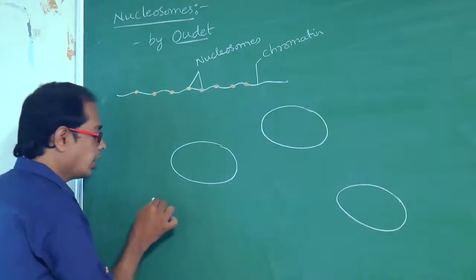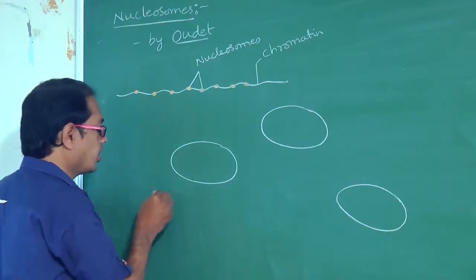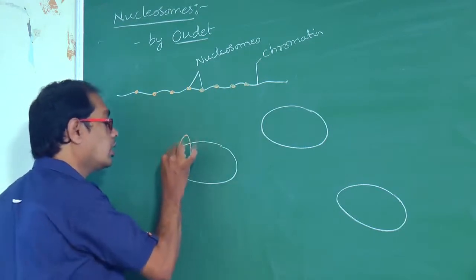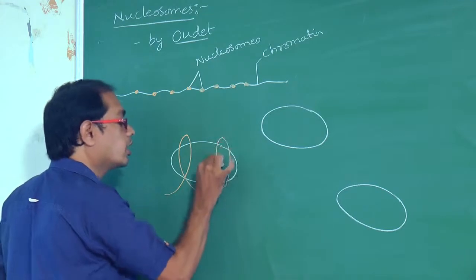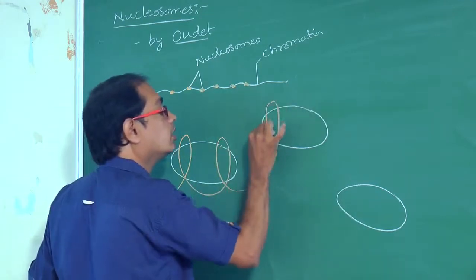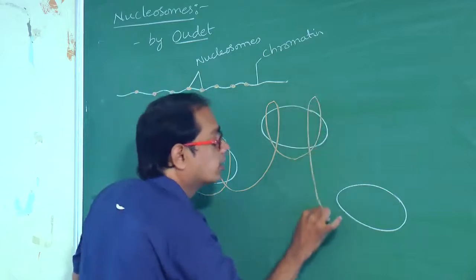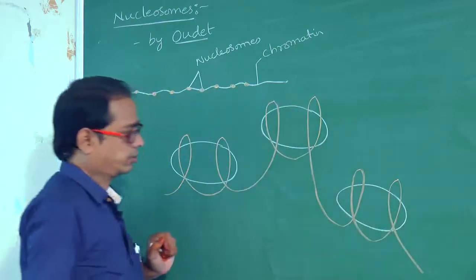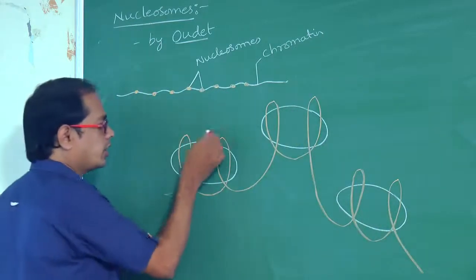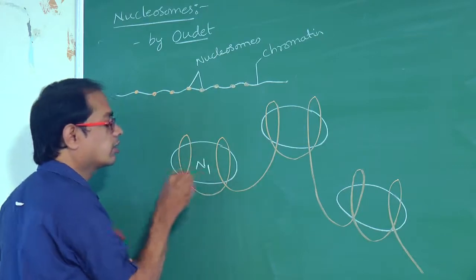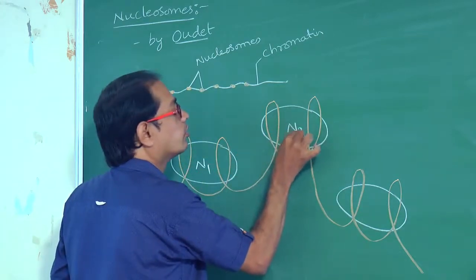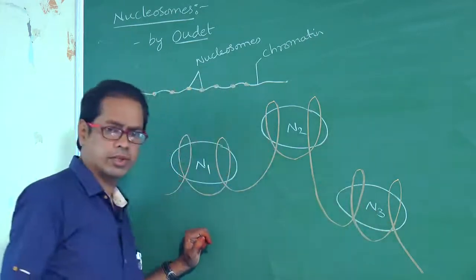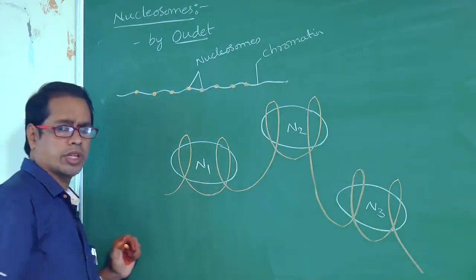See, this is DNA. One turn, second turn, one turn, second turn, like that. So this is nucleosome 1, nucleosome 2, nucleosome 3. Okay, 3 nucleosomes I have drawn.